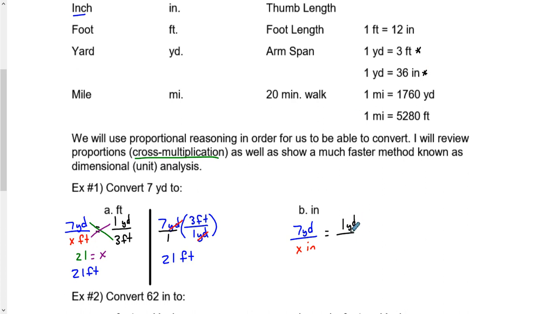When we use proportions, we have yards on the top, and therefore we'd have 36 inches on the bottom. That means we can do our cross multiplication. X multiplied by 1 would be x. And 7 multiplied by 36 is 252.